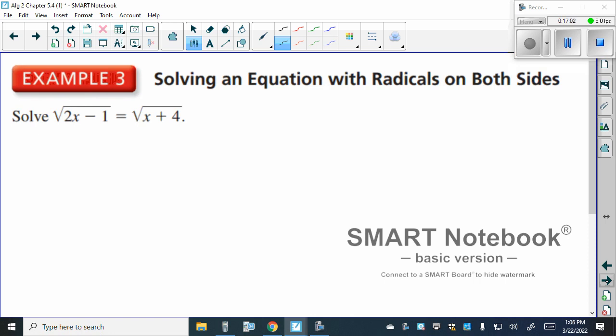This one looks a little different because how many radicals do we have this time? Two. Okay, well, in our steps, because the first step was to get the radical by itself, our sub-step, if there's more than one, is to even them out. What that means is we want to split them up, divided evenly.